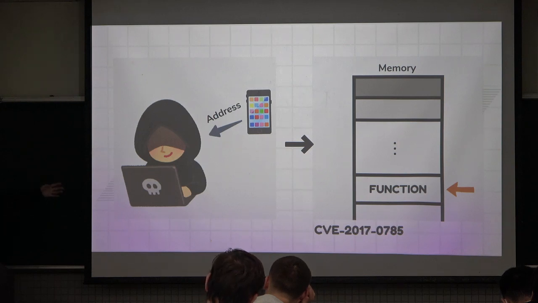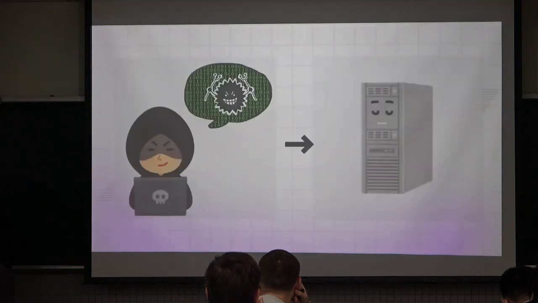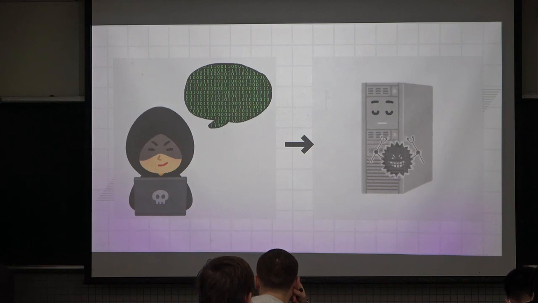This is the diagram of memory, and these pointers help them calculate the exact location of critical functions like system. With this information, attackers can create specific packets for the operating system. This packet carries hidden code and gets sent to the device and settles into the memory without being detected.